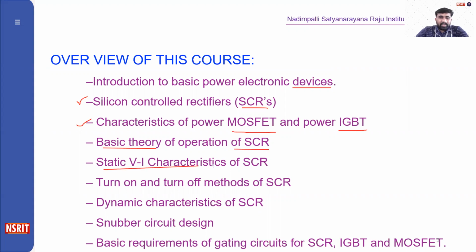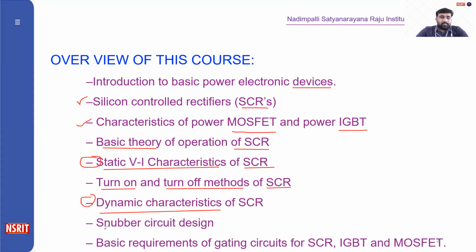Then static VI characteristics of an SCR. What are the static VI characteristics? We will learn in the coming sessions. Then turn on and turn off methods of an SCR, silicon controlled rectifier. Dynamic characteristics of an SCR. So these two are very important: static characteristics and the dynamic characteristics of an SCR.